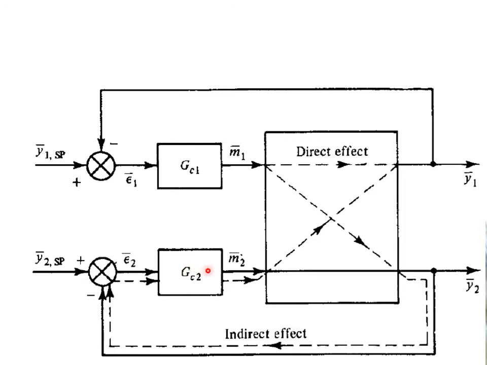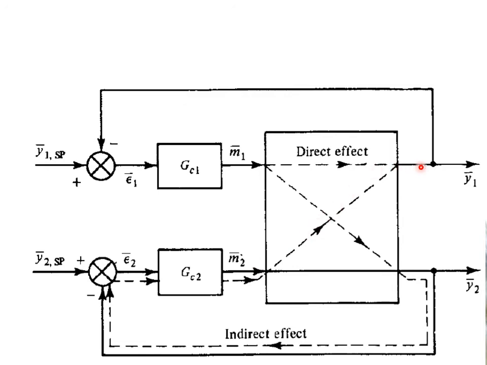And in order to bring it back to the normal point, it's going to change the manipulated input to the process M2, and this M2 is going to again affect Y1.